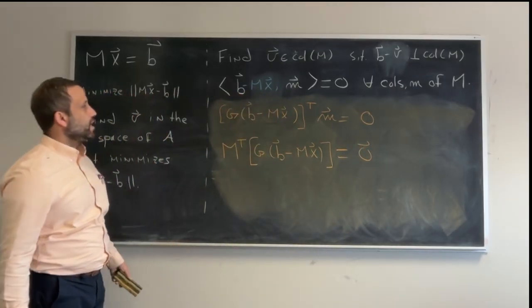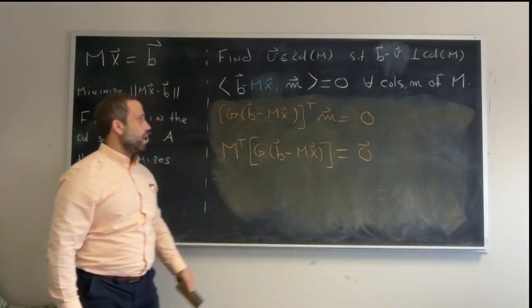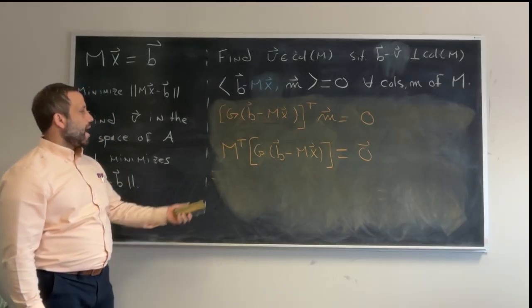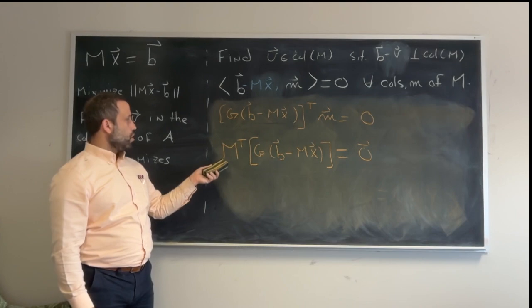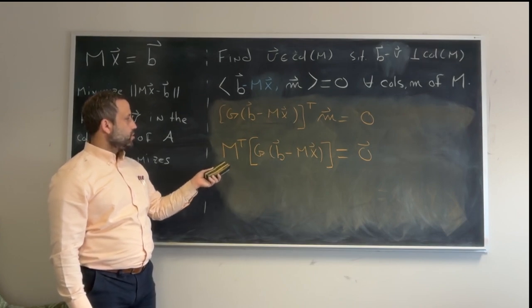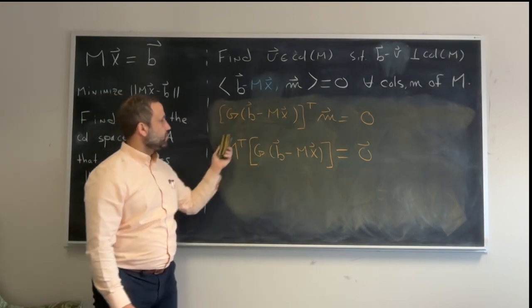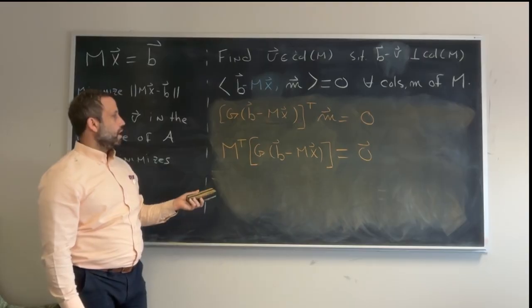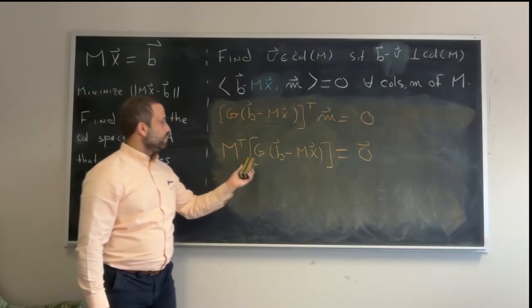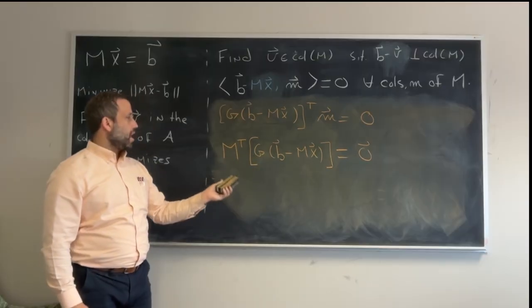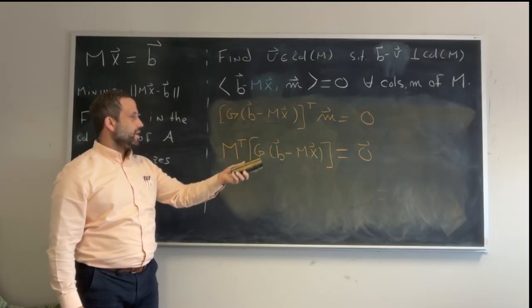Okay, and why is that again? Well, this is just the standard dot product, right? And what do I do when you form this matrix vector product right here? You're going to look at this vector dotted with the first row of M. That has to be equal to 0.